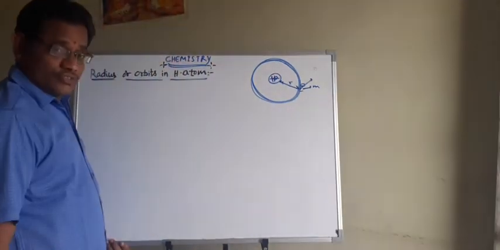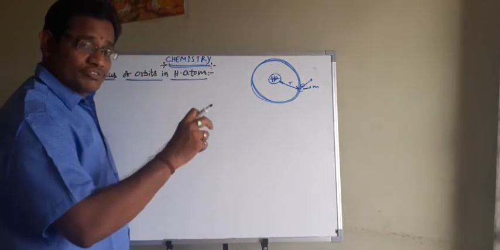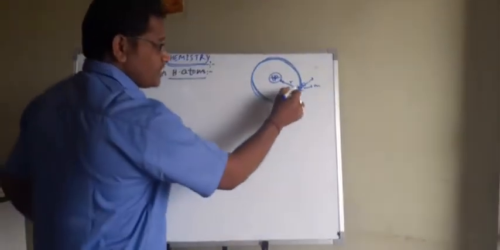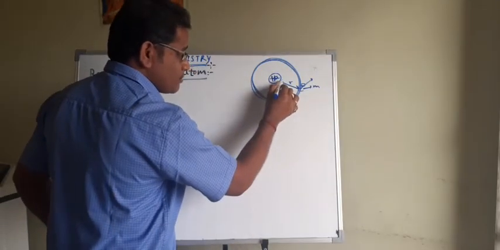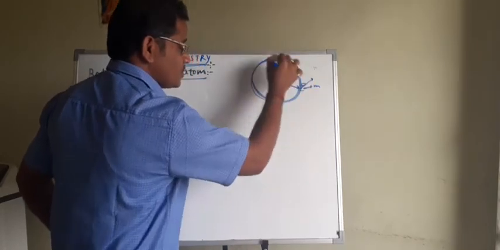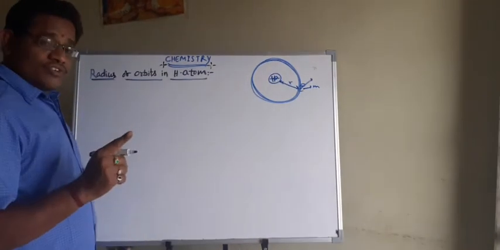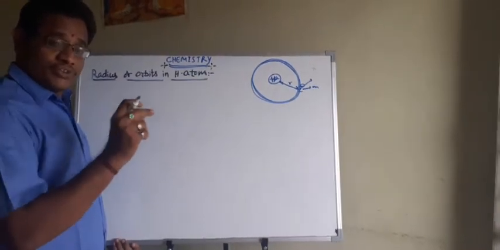The centripetal and centrifugal forces are equally present between the nucleus and electrons. Then only the electron is not pulled into the nucleus, nor thrown away from it, so constantly it is revolving around the nucleus.